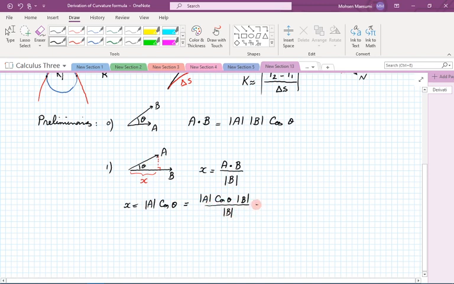It doesn't change anything. Well, the numerator according to that observation is just A dot B and the denominator is just the length of B. So that's a very basic, let's call it, projection formula. This is a basic fact about the dot product. This is the basic fact about projection.